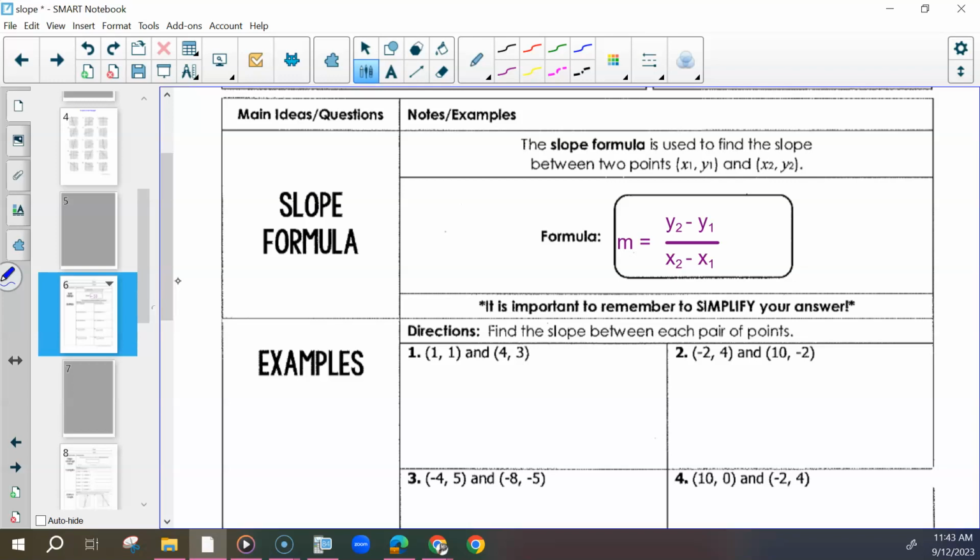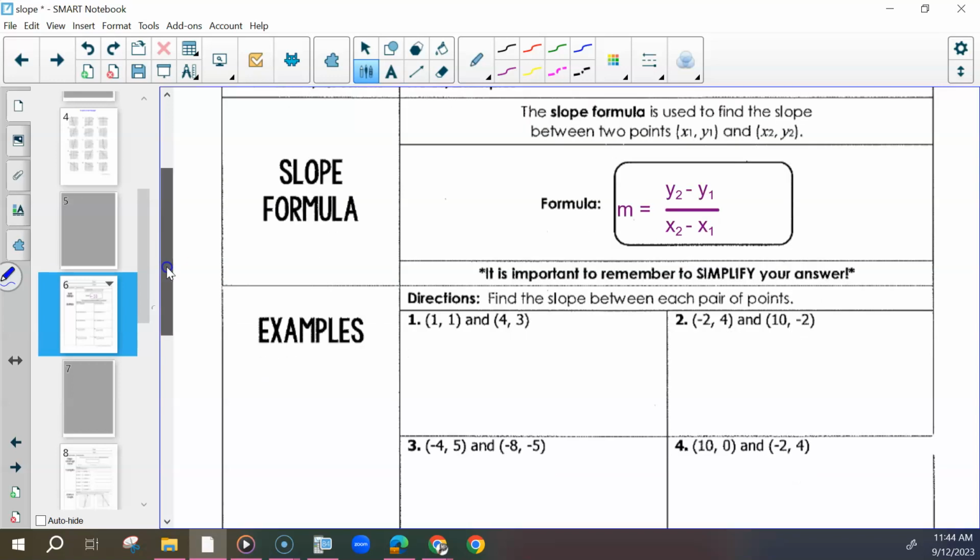X's have to go in the denominator. And let's say you put the 1's first, that's fine, as long as you put both 1's first, the y and the x on top of each other, and the y2 and the x2 on top of each other. Where you put that doesn't matter as long as they're on top of each other. So if you mess up the order, it's okay as long as y's are on top and whatever number y is is on the same number x.